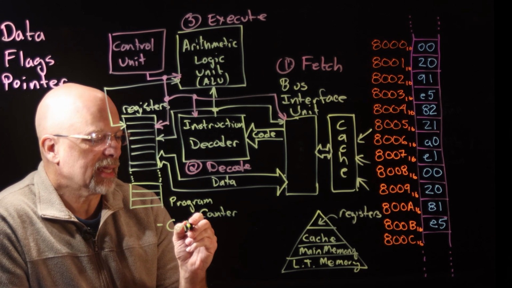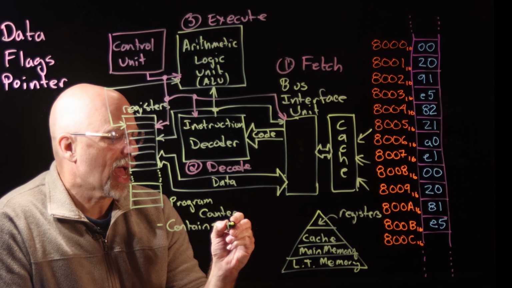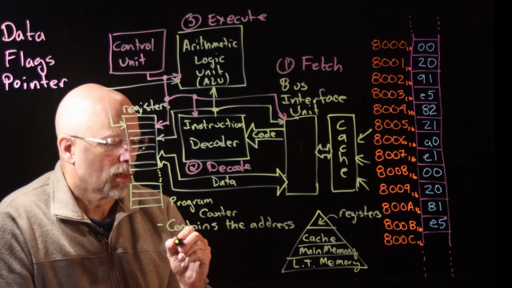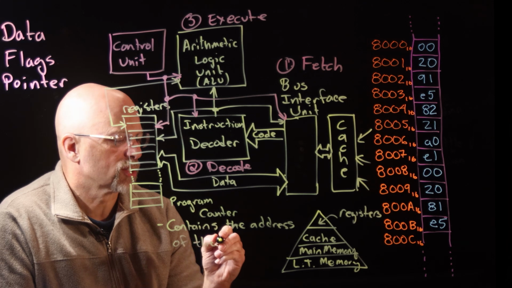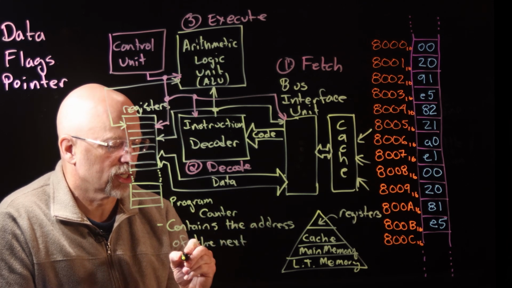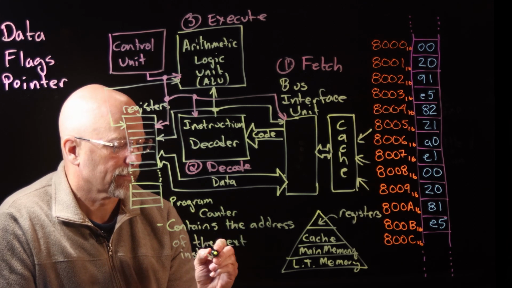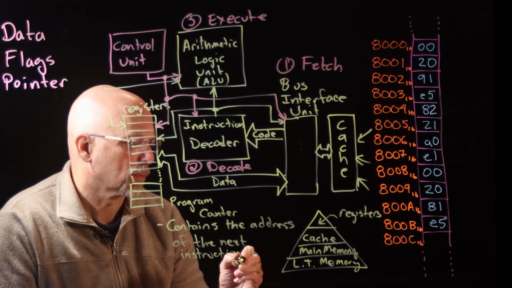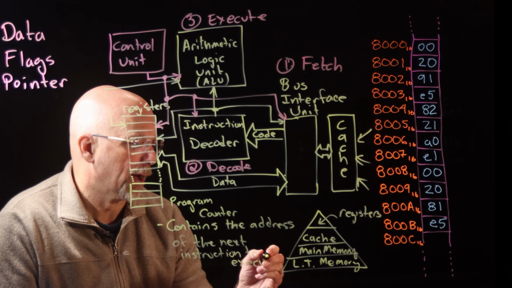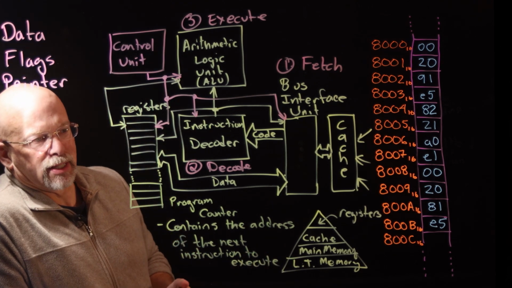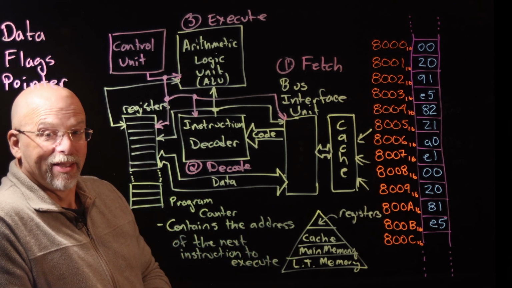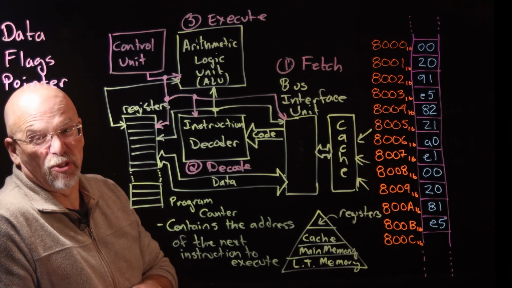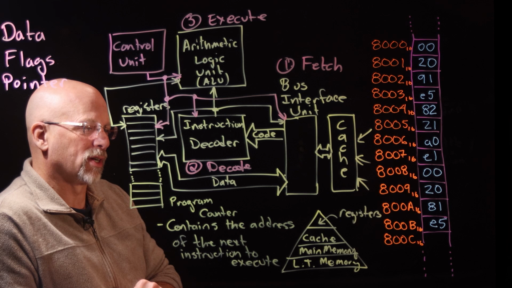It contains the address of the next instruction to execute. All right, so there you go. That's the definition of the program counter or instruction pointer. Same thing, just a different processor we're talking about.